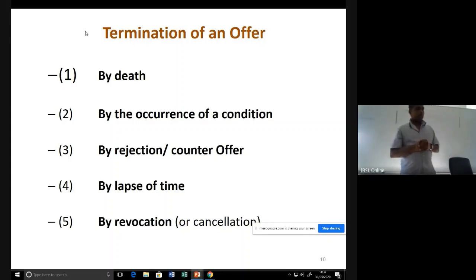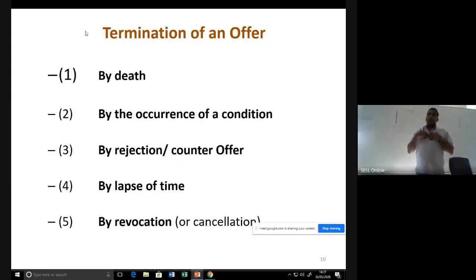The first point is by death. By death of whom? If I am the offeror, if I am making an offer and I die, my offer comes to an end. Clear?